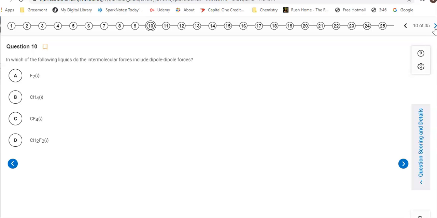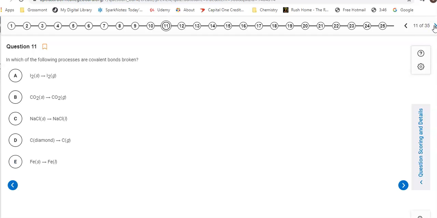It's AX4, meaning it's perfectly symmetrical, no lone pairs, and so it's going to be nonpolar. CF4, same thing. It's just a bigger atom on the outside, but it's symmetrical and it doesn't have polarity. The one that's going to have polarity is the CH2F2, and fluorine is the most electronegative element, so it's going to definitely have dipole-dipole forces. So the answer to that one is D.